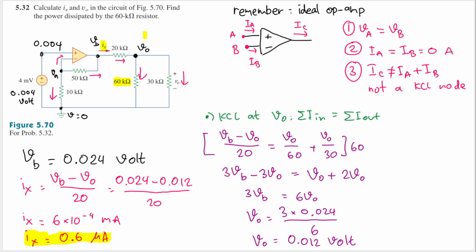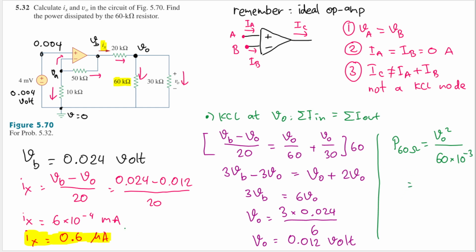And we still need to find out the power dissipated by the 60 kilo ohm resistor. Maybe let's do it here. So we will have P of the 60 kilo ohm resistor. I think we can just use V0 squared divided by 60. This is volt, this is kilo, so I think we can just use 60 multiplied by 10 to the 3. V0 is that one.